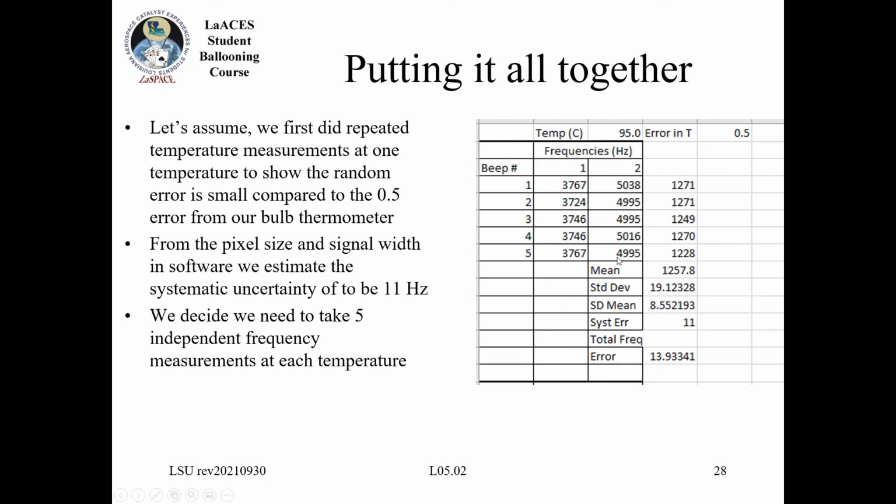So if I take my random error, which is the standard deviation of the mean in this case, that 8.55, square it, add it to 11 squared and take the square root, I get a total frequency error of 13.9. Or I would probably round that to 14 if I was reporting it as a final result.